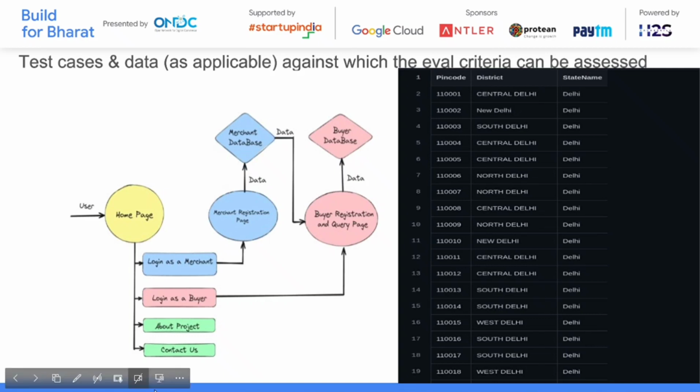Then there are two other sections: the about page, which gives the documentation about our project, and the contact us page, which contains the contact details of the two team members of our team, that is Shubham and me.